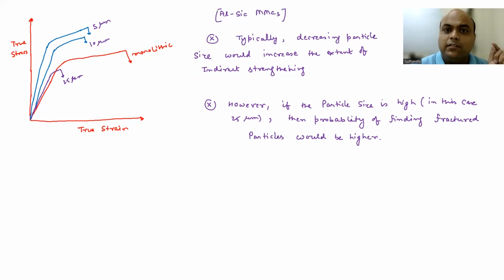Okay. So since this is an extruded case, you have already fractured those large particles, and that is contributing towards the decrease in strength as you increase the particle size, say beyond 25 micron in this case. So it completely depends upon the processing conditions.